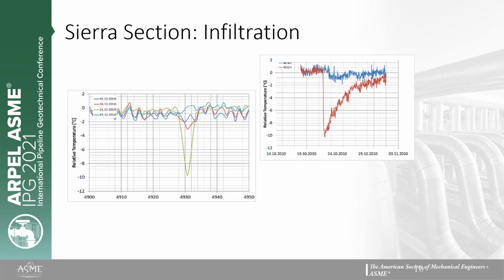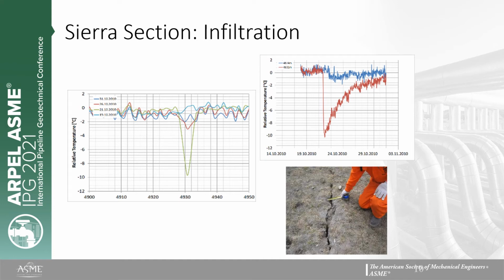We have a significant, quick drop, and then a slow recovery of the temperature, reaching the ambient soil temperature. That event was confirmed to be not an erosion, excuse me, but an infiltration in a crack in the right of way.